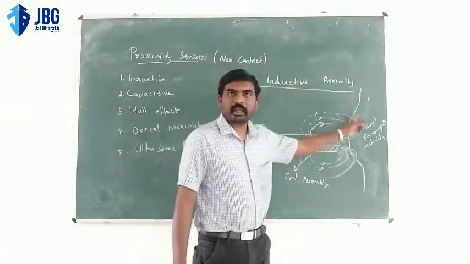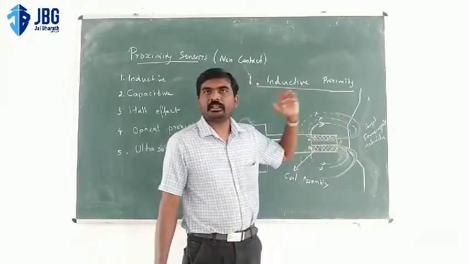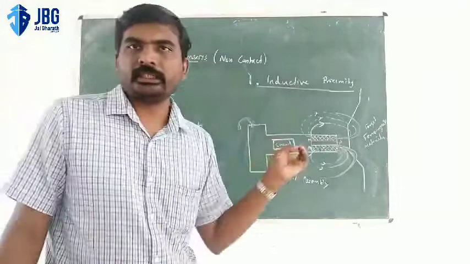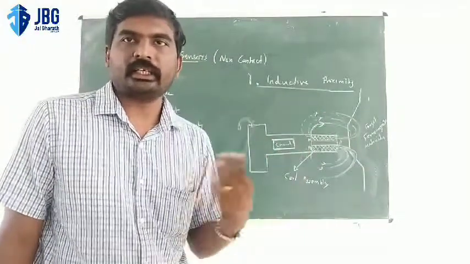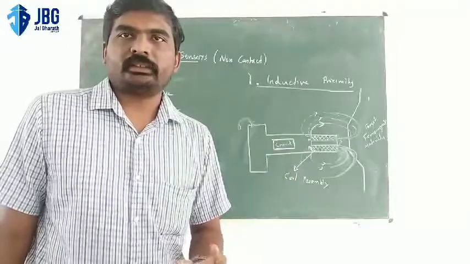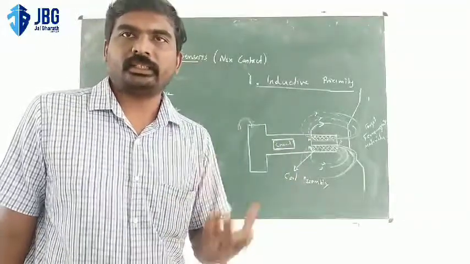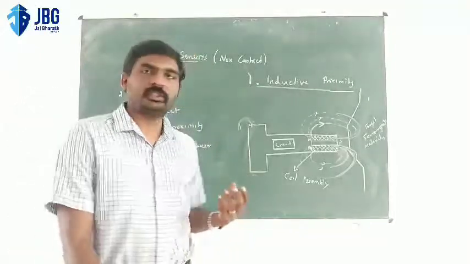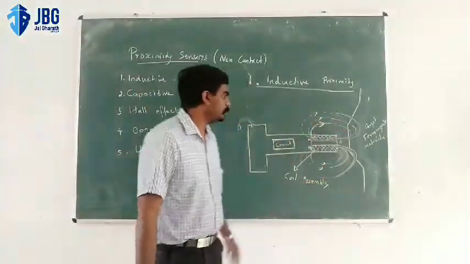A change in magnetic field can create an electric field. That principle is utilized. A change in magnetic flux lines creates an electric field in the coil, which is used as the indication of the presence of an object.